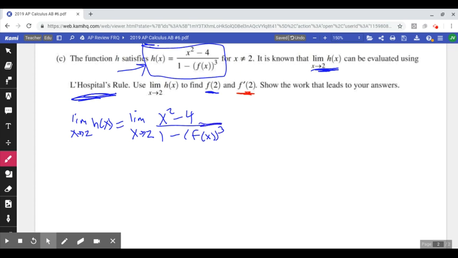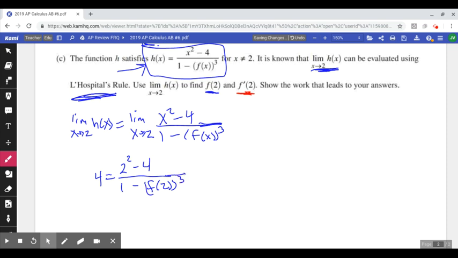You'll actually earn 1 point on the exam for setting this equal to 4. Remember that the value of h of 2 is 4. So this left-hand side is equal to 4. And then what you'll do is substitute the 2 in here. So you'll get 2 squared minus 4, and then we'll have 1 minus f at 2, and that whole thing has to be raised to the third power.